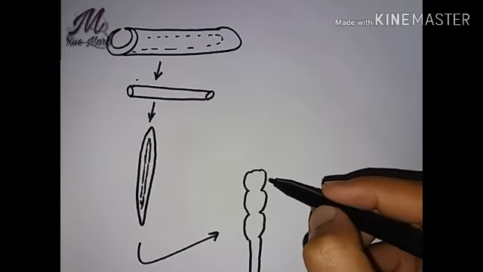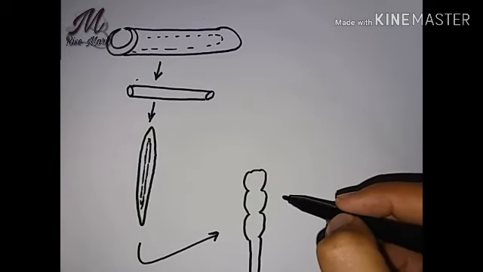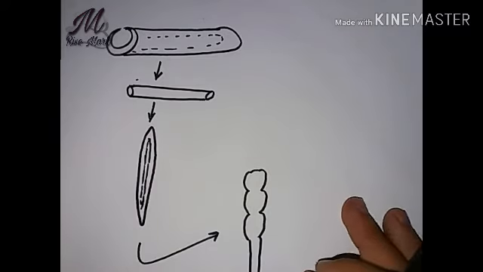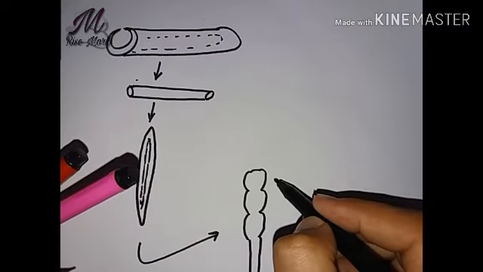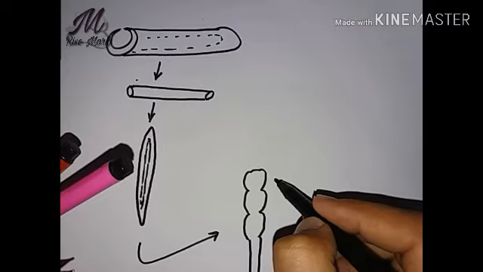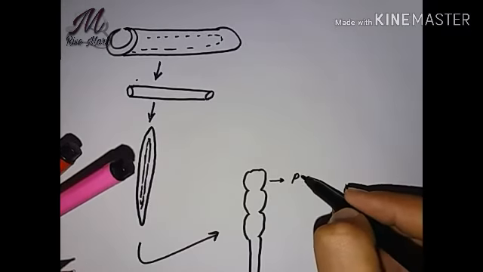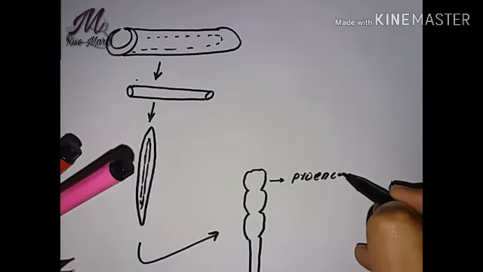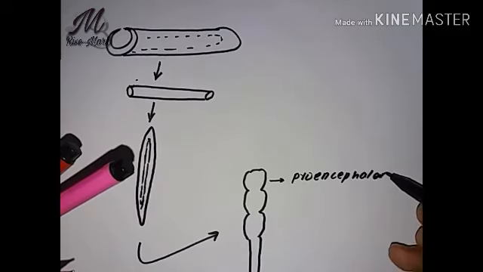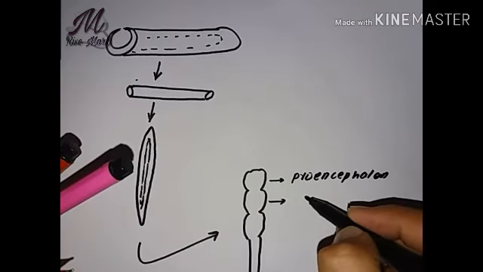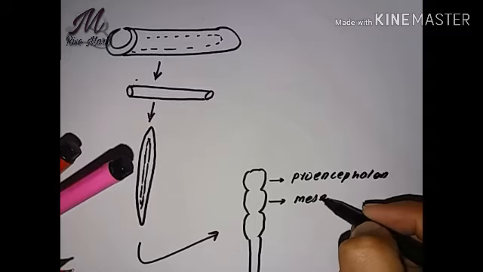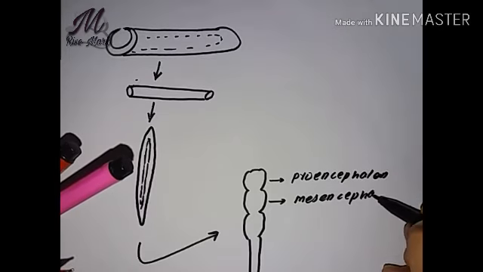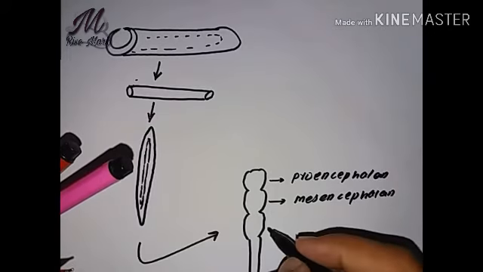By the end of 5 weeks, these three primary vesicles differentiate into 5 secondary vesicles. The primary vesicles, as we discussed earlier, are the prosencephalon, mesencephalon, and rhombencephalon.